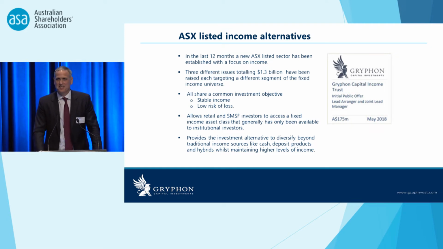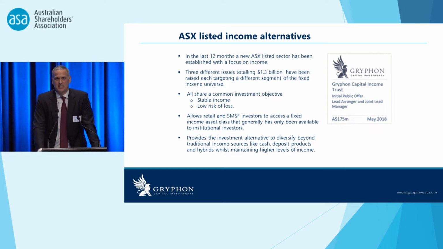So, what are the listed income alternatives available on the market? As Ian's pointed out, in the last 12 months, we've actually seen the emergence of a new ASX-listed sector, where the focus is on generating income from fixed income assets.